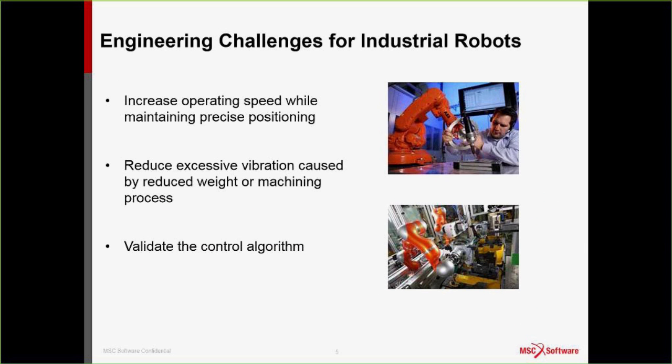Some of the engineering challenges: everyone wants to increase the efficiency of the robot. With the same task, the shorter the time it needs to complete the task, the more efficient the robot is, which translates into cost saving as well as increased productivity. But problems can be generated while you're trying to increase speed.